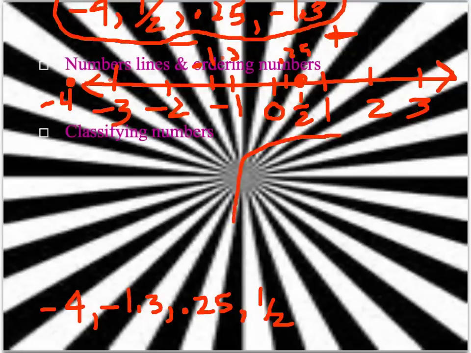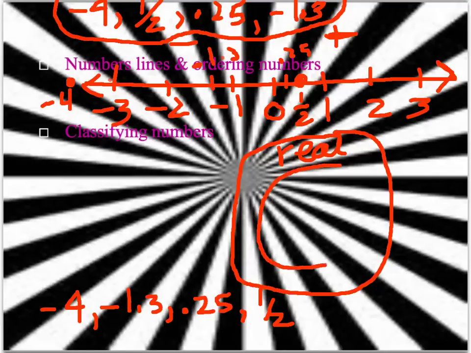All right. Our next thing that we want to know about is classifying numbers. So when we look at a number, we want to know what kind of a number is it? How could we classify it? Well, if this big square right here is our real numbers, and real numbers are not imaginary, inside our real numbers, we have our rational numbers.